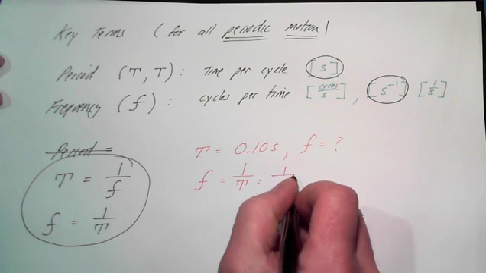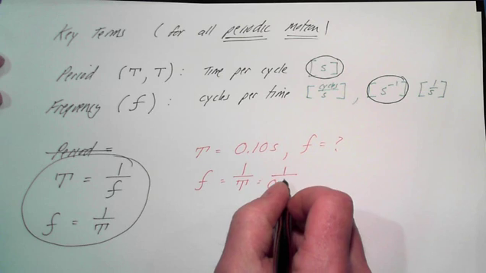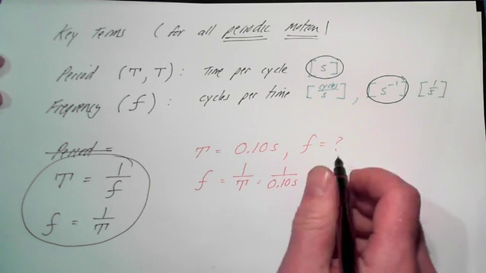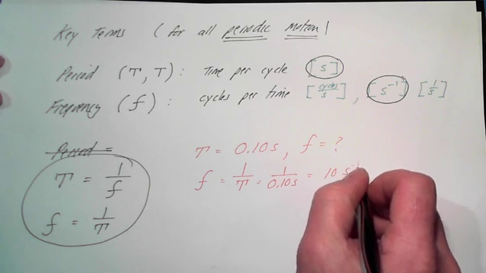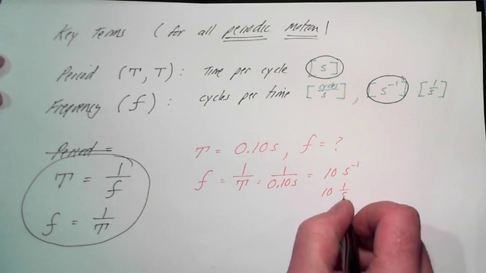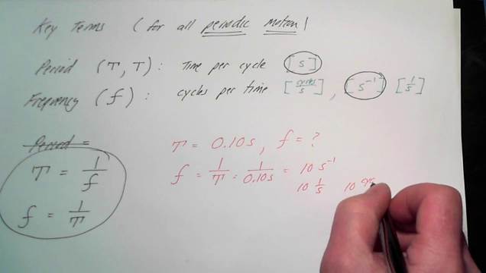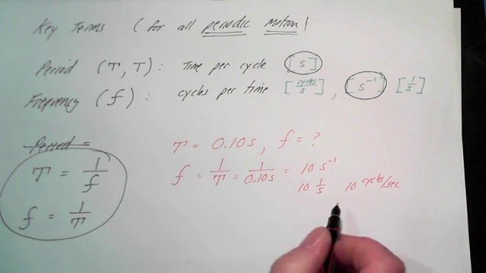In this case, it's 1 over 0.10 seconds, and 1 divided by 0.1 is 10, and this is per second. We could also write it, more realistically, as 10 cycles per second, but we're not going to see it written that way.